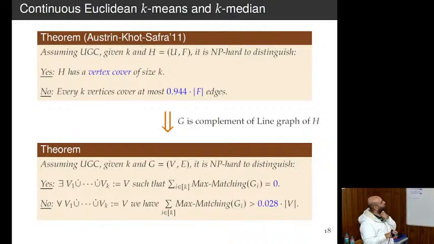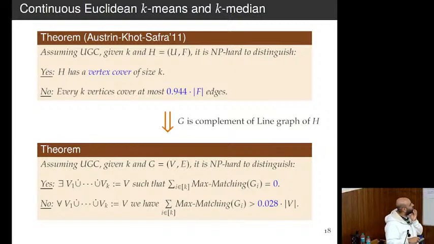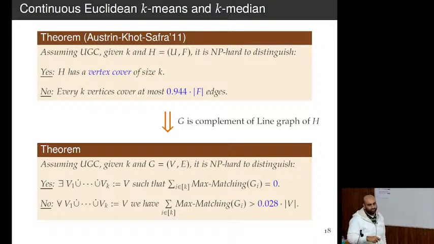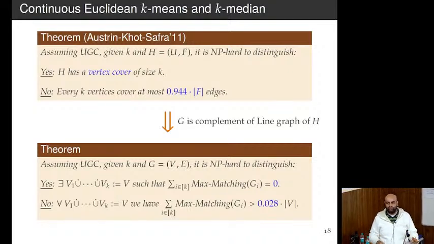So let's start with this statement about vertex cover from Austrin, Khot, Safra, that in the yes case there's a vertex cover of size k, or in the no case every k vertices cover at most 0.944 times the number of edges. Okay. So in the yes case there's a vertex cover of size k, and I want to say that this translates to the problem of max matching in the following way.